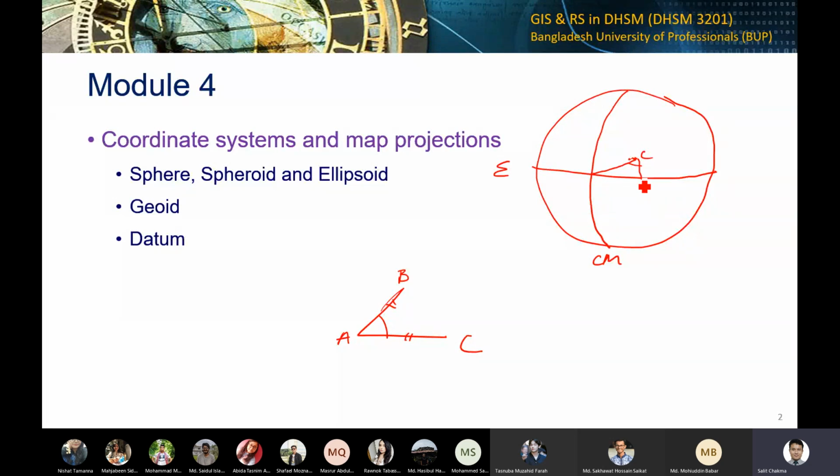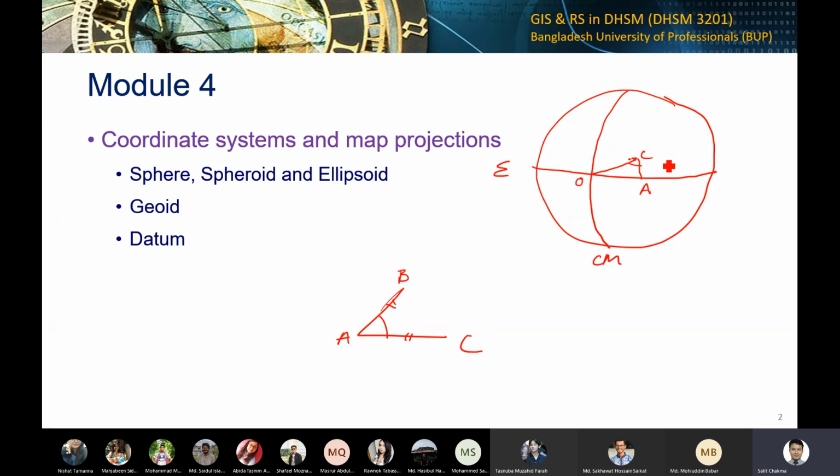This origin point gives the OC side, and for example this is point A, so OC and AC will have an angle between them. Point A is on the equator.